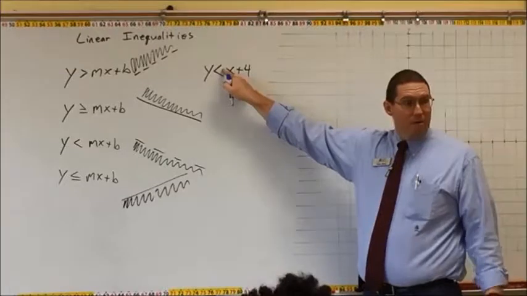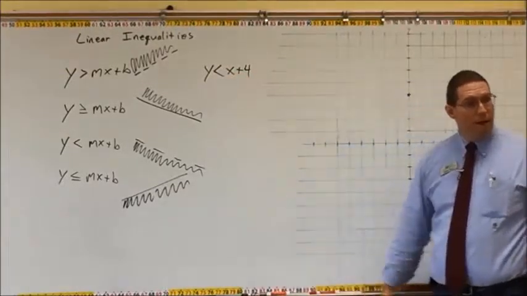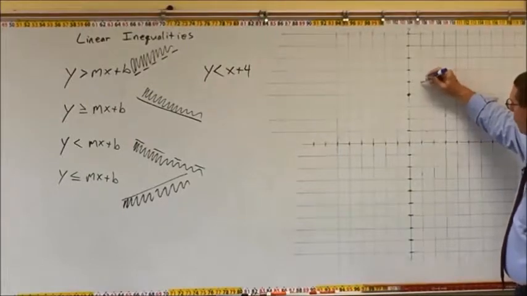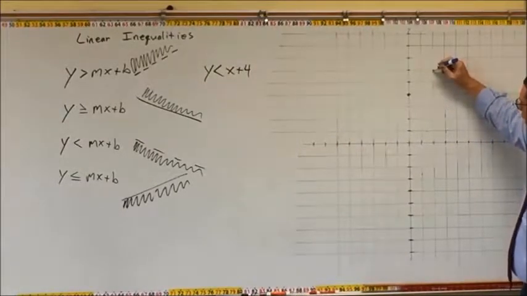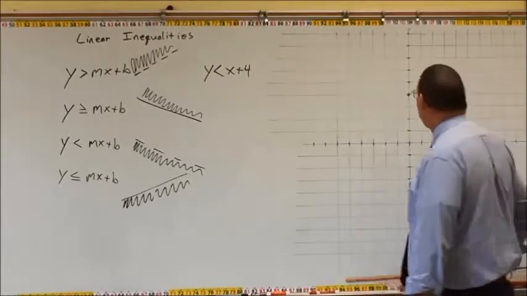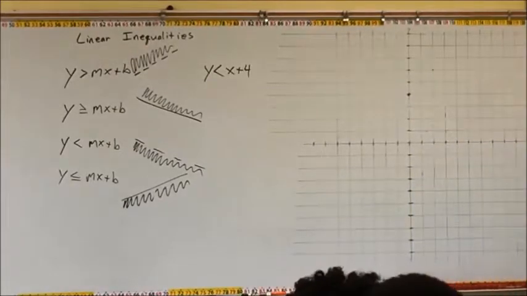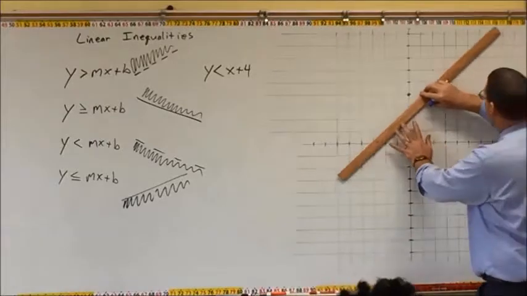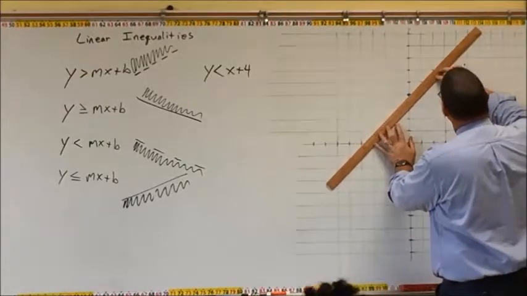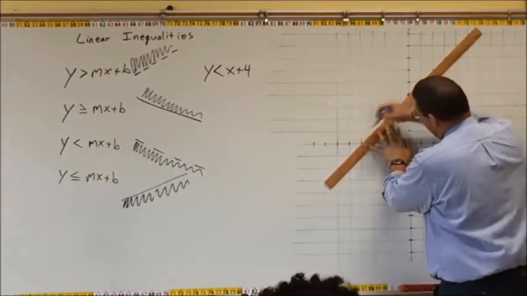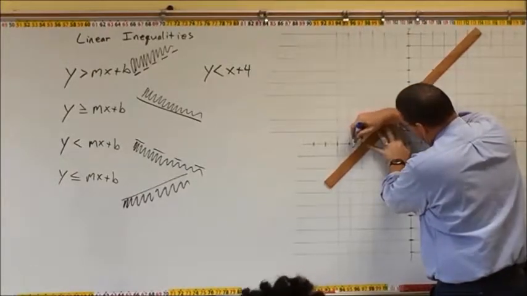Because in front of the x is a positive 1. That means up 1 over 1, right? So up 1 over 1, and then up 1 over 1. And so now, am I going to draw a dashed line or a solid line? Dashed line, because it does not have the or equal to symbol.